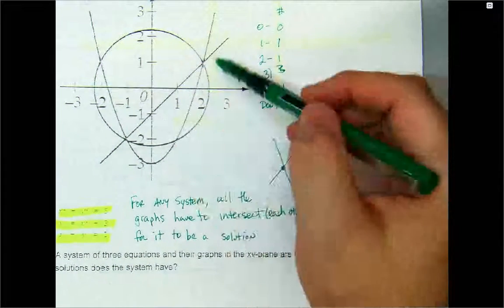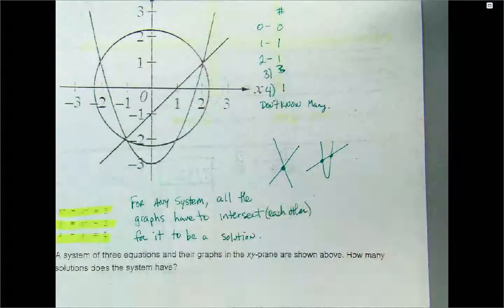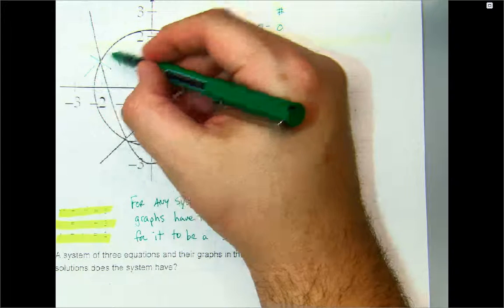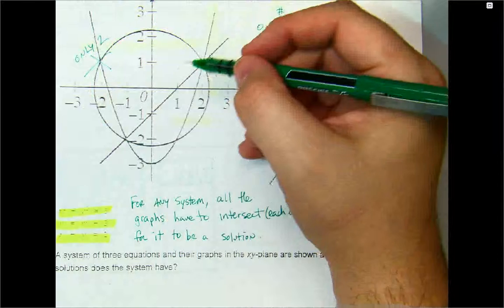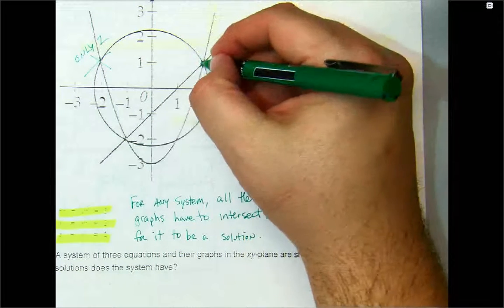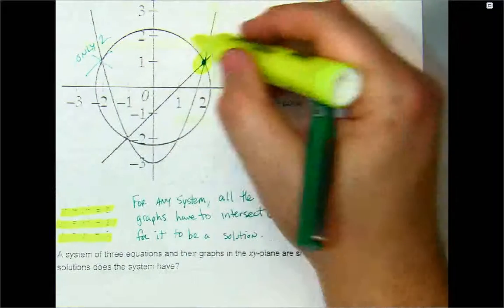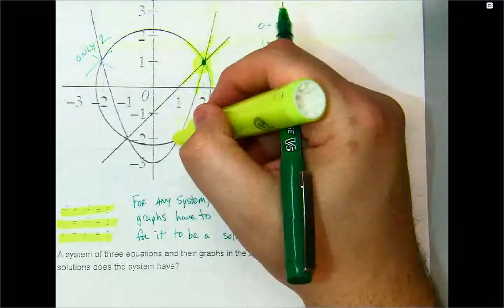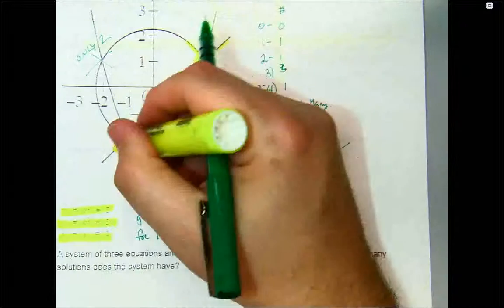No, because only 2 of them hit. Yeah, right here's a solution because you have the circle, the line, and the parabola. Here's only 2 of them, so that doesn't count. But here, all 3 of them do. So there are 2 solutions to this one.